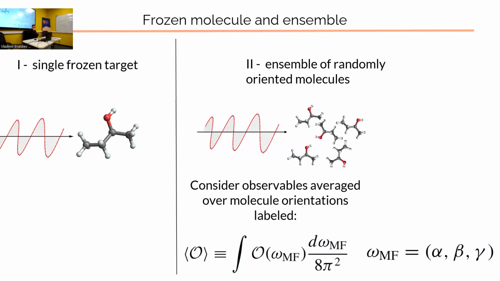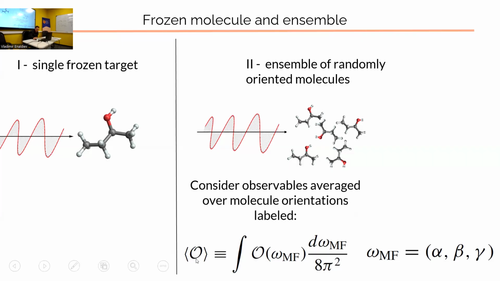One can consider just one single molecule and consider the photo effect on it. But in fact, in real experiments, we have an ensemble of randomly oriented molecules, so from the experimental point of view, it is more useful to consider observables averaged over molecular orientations.